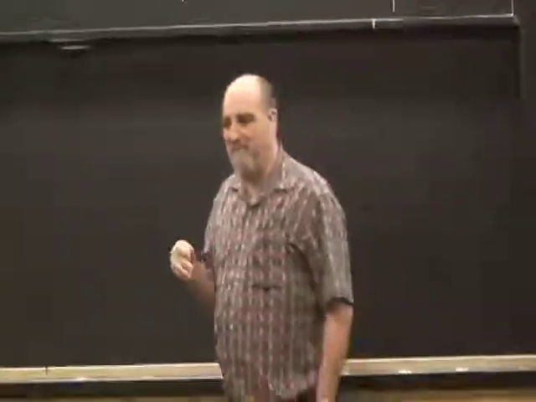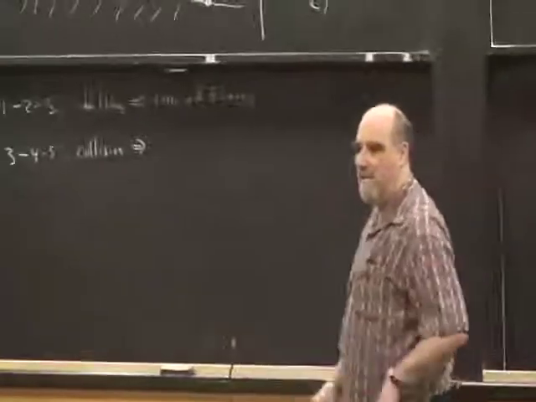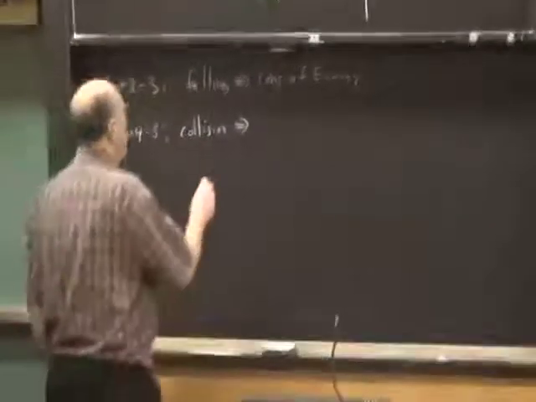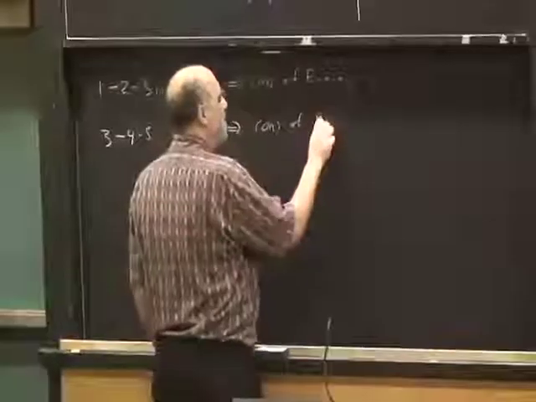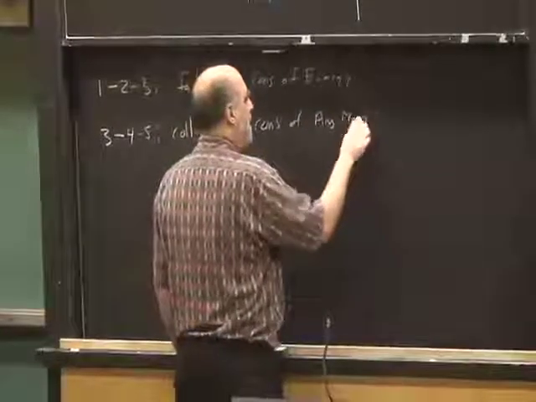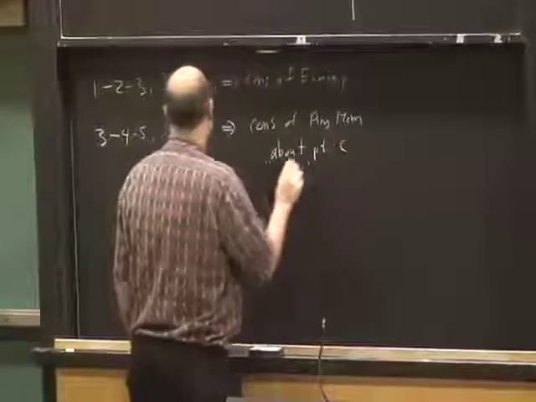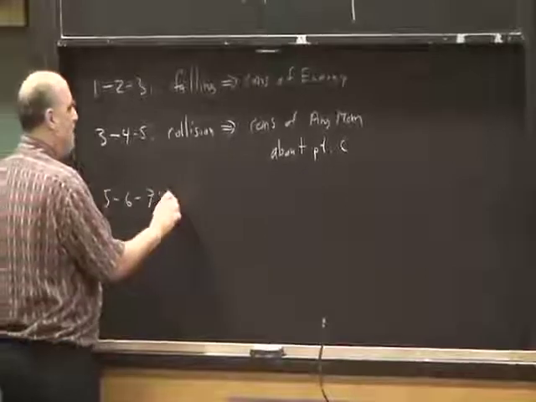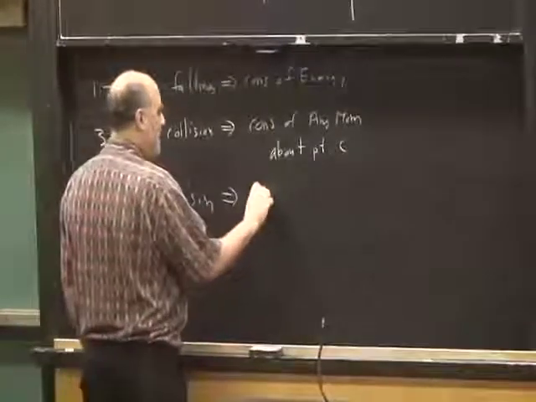And then we have the gravity force, but the gravity force you think of as being relatively small during that small interval of time when that collision force is large. So in this small interval of time, we have conservation of angular momentum about point C. And then we have the final steps, 5 to 6 to 7, where we have rising. And again, we have conservation of energy.